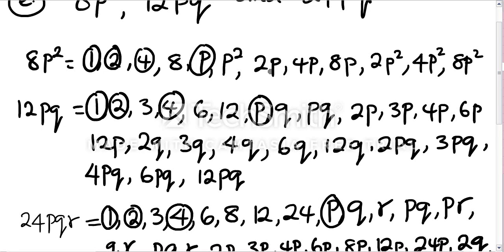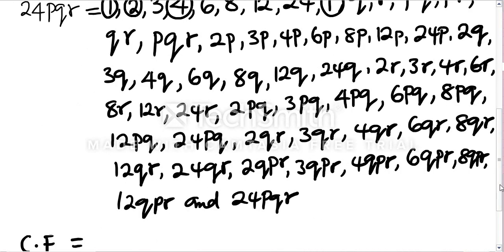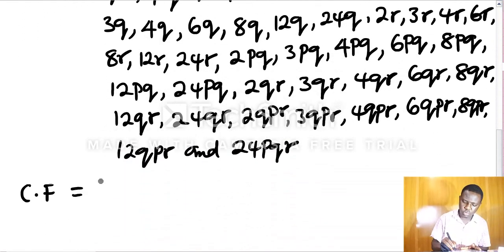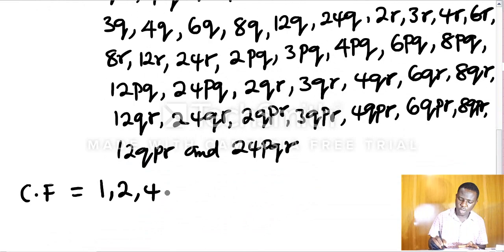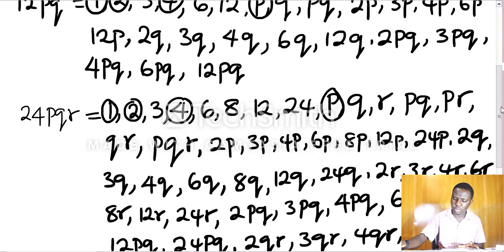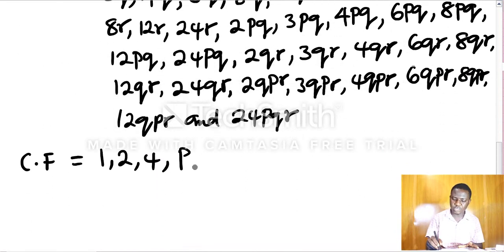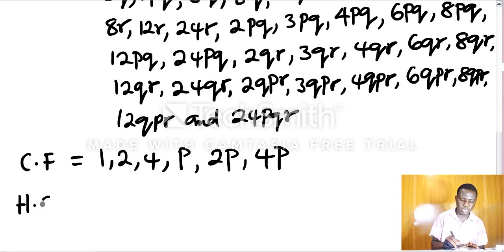We also say the multiples of each of these are common. So what is common for the numbers? 1, 2, 4 are said to be common, and p is said to be common, while the multiples of this, that is 2p and 4p, are said to be common. Then we look for the highest common factor. The highest common factor of this is said to be 4p.